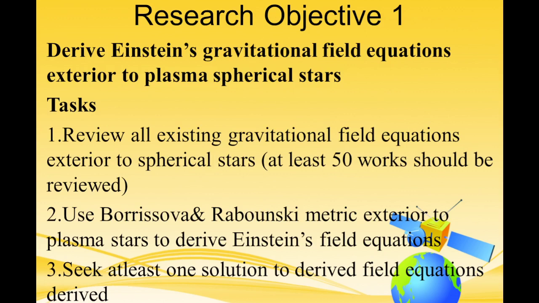And RG is what we call the Hilbert radius. Okay? RG is the Hilbert radius, which is just simply 2GM over c squared.